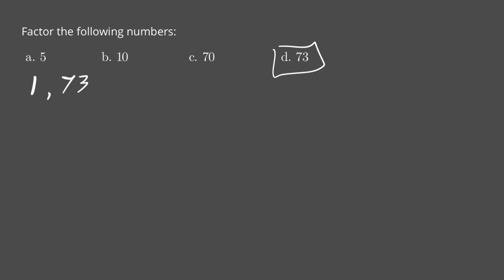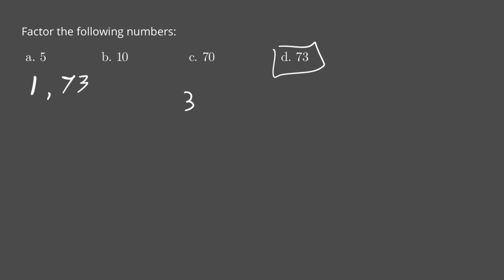Now let's talk again about some tricks. Like with 70, the 0 gave us a hint that the number might be divisible by 10. In D, with 73, the trailing 3 gives us a hint that we could try dividing by 3. So let's give that a shot.